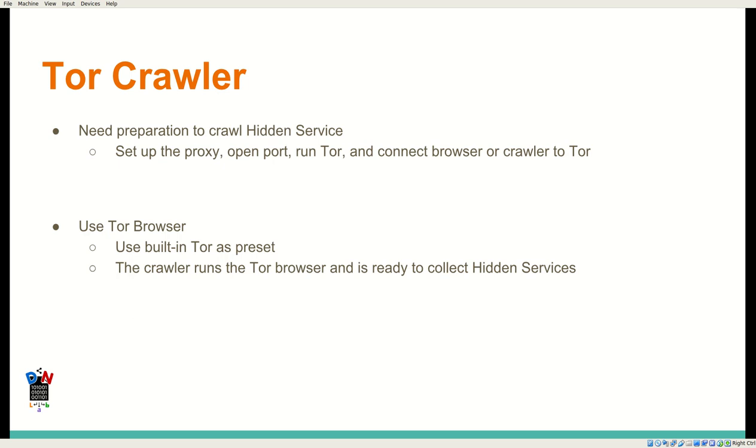We simplify this process. The Tor project is deploying the Tor browser, a standalone browser for using Tor. The crawler is ready to collect Tor by simply launching the Tor browser through Selenium.